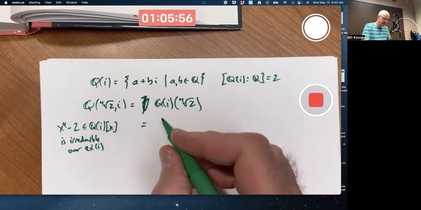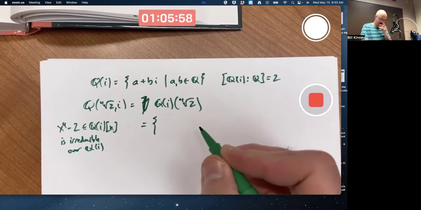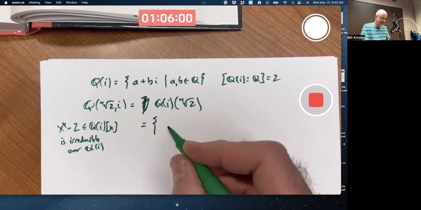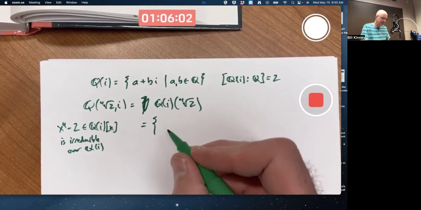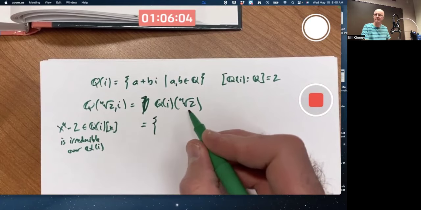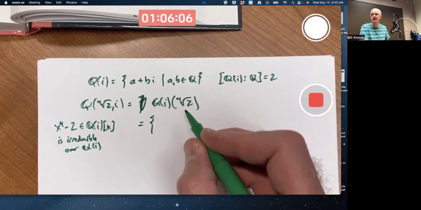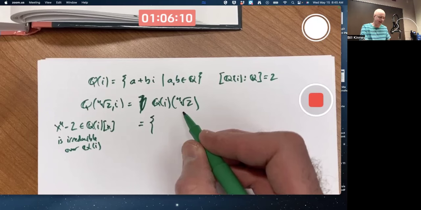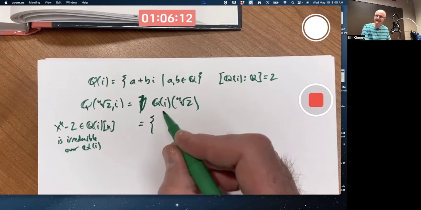What this ultimately means is you can write elements of this as linear combinations of powers of 2 to the 1/4 power, where the coefficients are in Q of i.